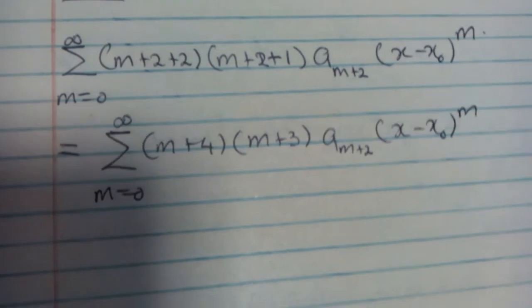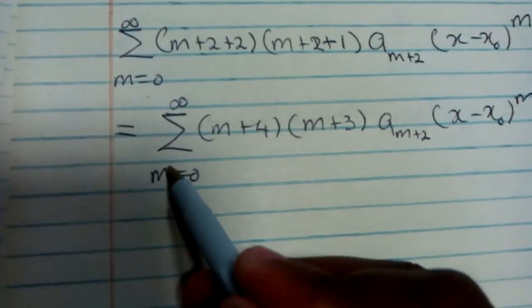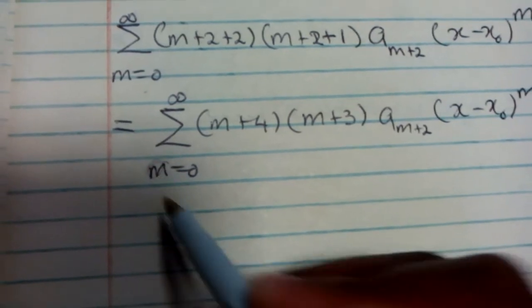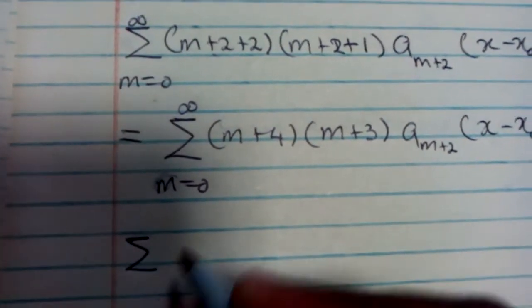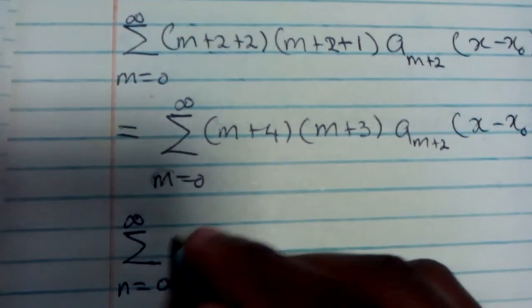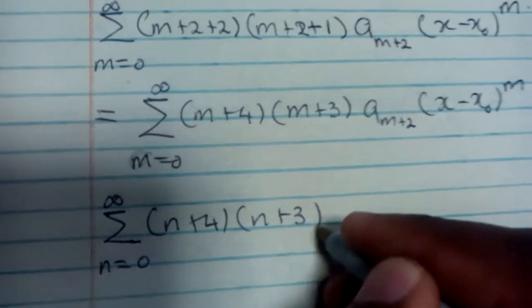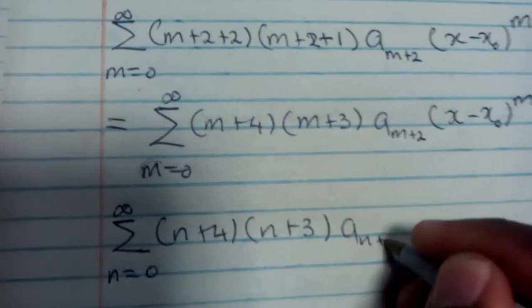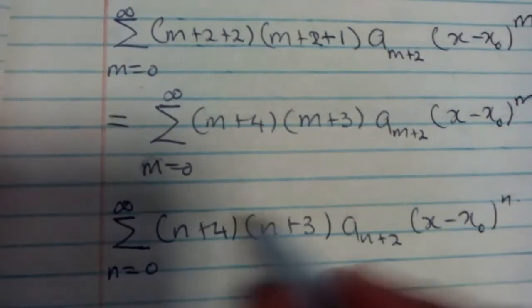And without loss of any generality, I can change my index from m back to n, so that I can rewrite this as the sum from n equal to 0 now up to infinity of n plus 4 by n plus 3 by a_(n+2) by x minus x naught to the power n.